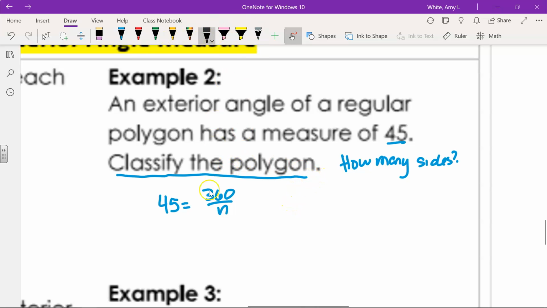Because this is really a proportion, I can switch these numbers. We could also multiply both sides by n and divide by 45. So n is going to be 360 divided by 45, which equals 8. So this is going to be an octagon, because that is a shape that has 8 sides.